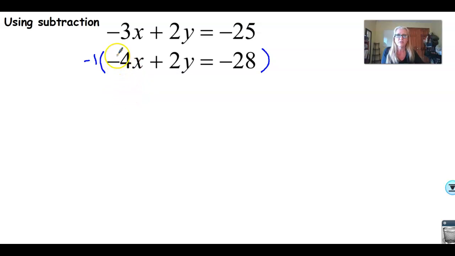What that's going to do is change the sign. -1 times -4 is +4. -1 times 2 is -2. And -1 times -28 is +28. Now I can add them because now I have opposites.